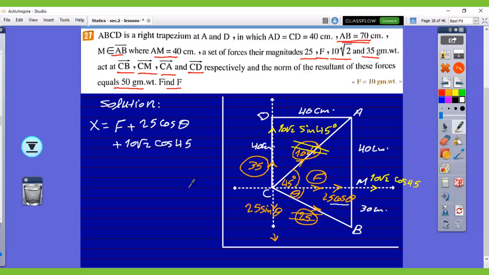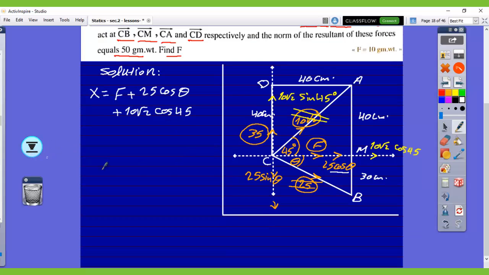What about theta? Let us draw a triangle to represent the triangle CMB. We have the length of MB equals 30 centimeters, and the length of CM is 40 centimeters. So what is the length of CB?